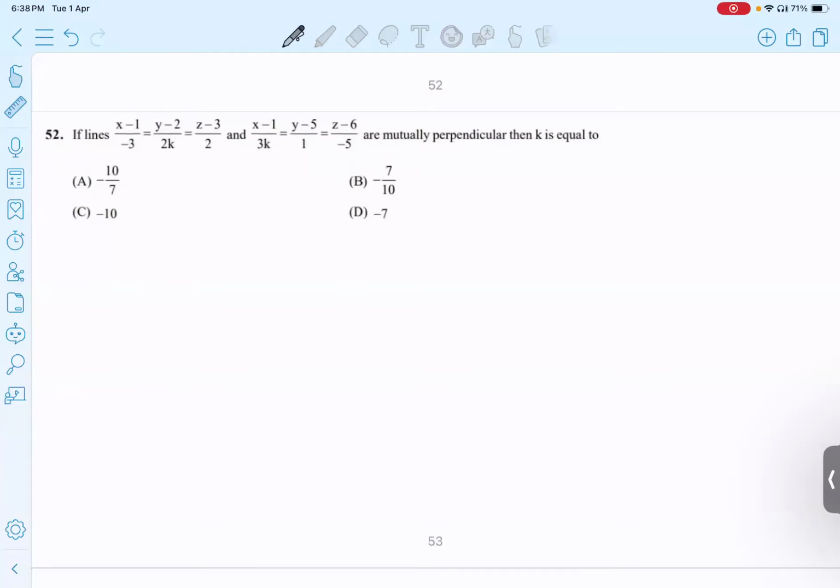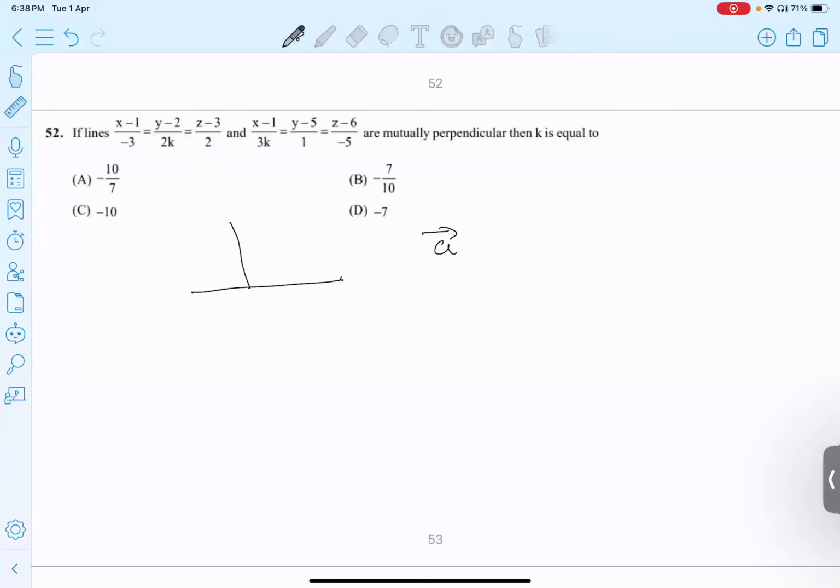Next question. If two lines are mutually perpendicular, then k is equal to what. If two lines are perpendicular, we have learnt that their dot product is equal to 0. But here it is given in Cartesian form.